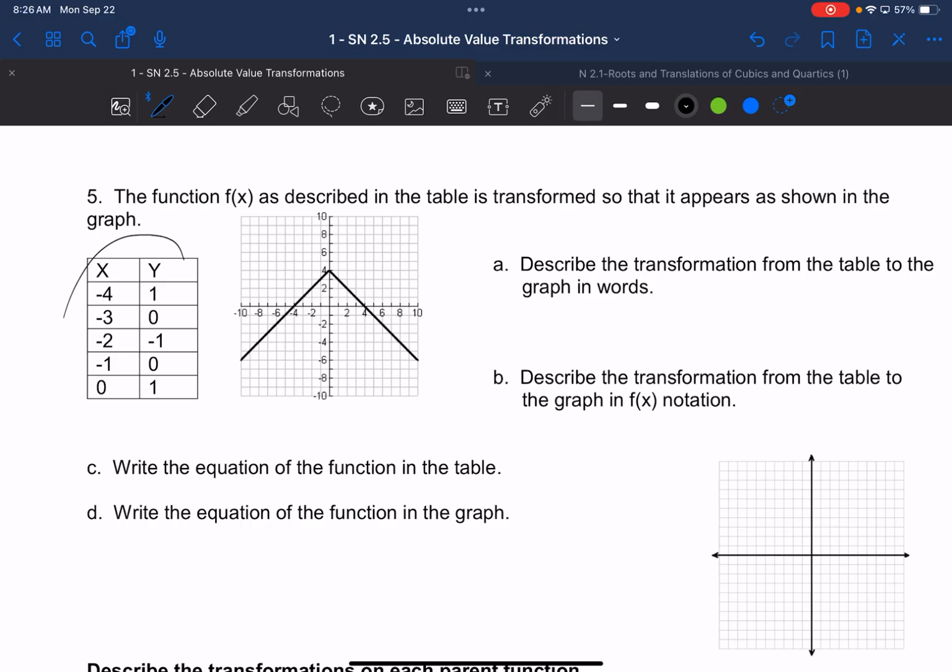So describe how we would have gone from here to here in words. Okay, well, you might want to graph those coordinate points so that you can see what's happening. So let's go ahead and plot these points. We got a point at -4, +1, -3, 0, -2, -1, -1, 0, and 0, 1.